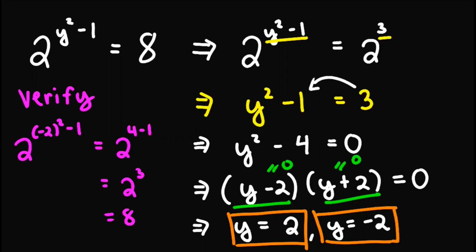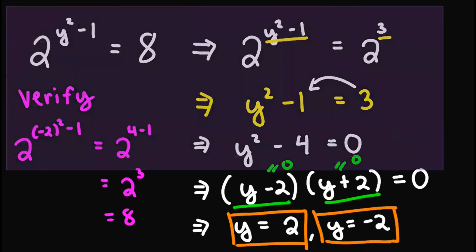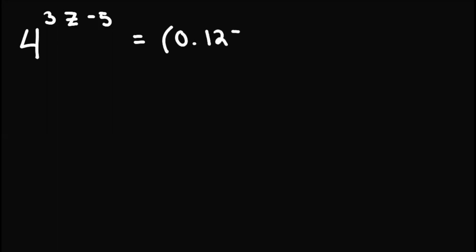Let's go on to our third example. Let's have 4 raised to 3z minus 5, and this one is equal to 0.125 raised to z minus 3.